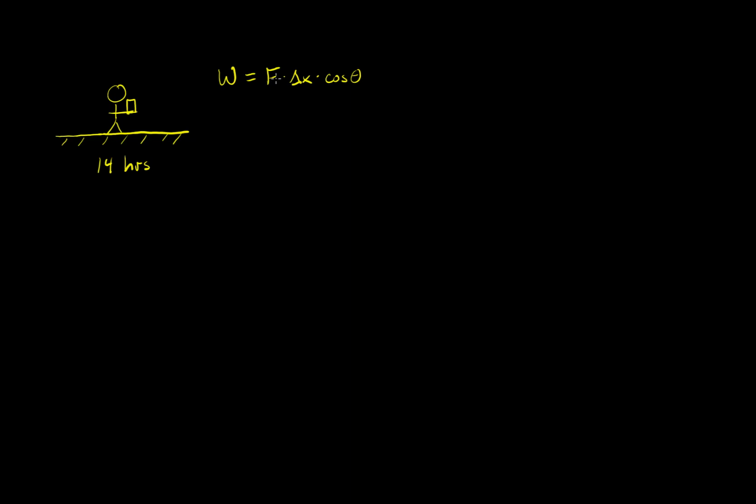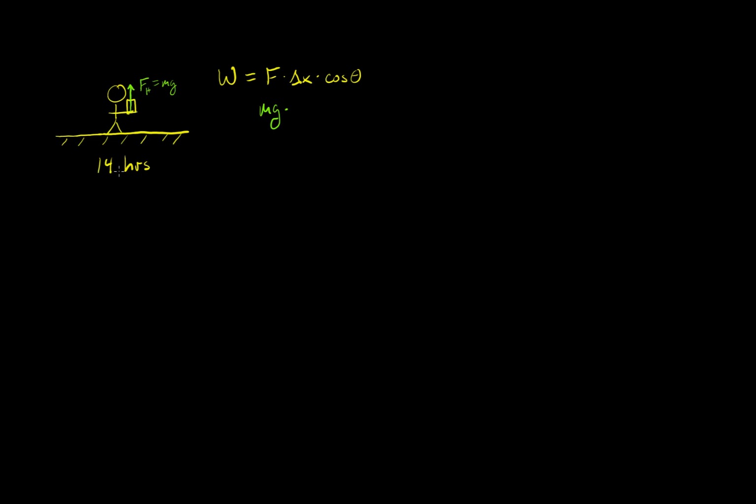Okay, so let's think about the force. Is he applying a force on it? Well, sure he is. He's holding it up in this direction. That would be the force of his hand, and so we know there's a force. Whatever that is, that would be equal to mg in this case. So we would get mg times the displacement. Now the question is, how much did it move?